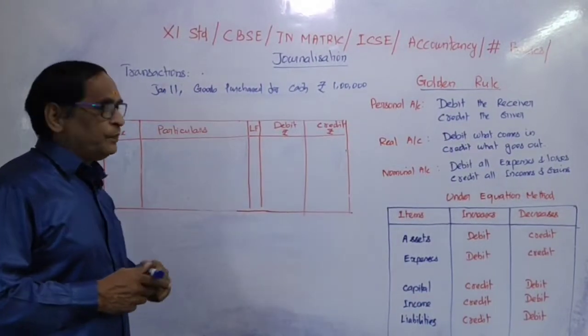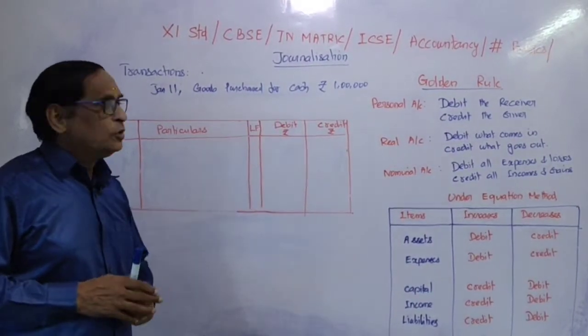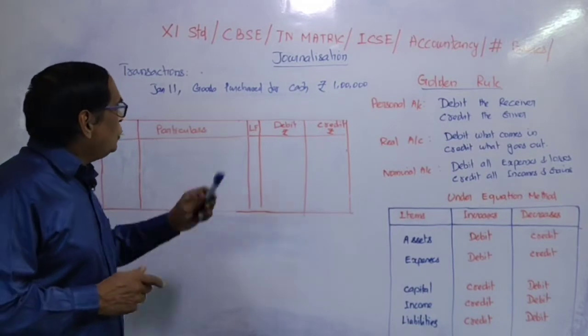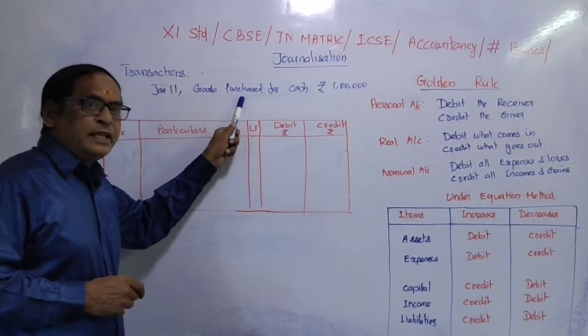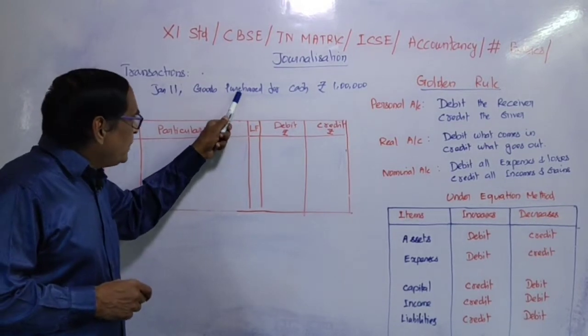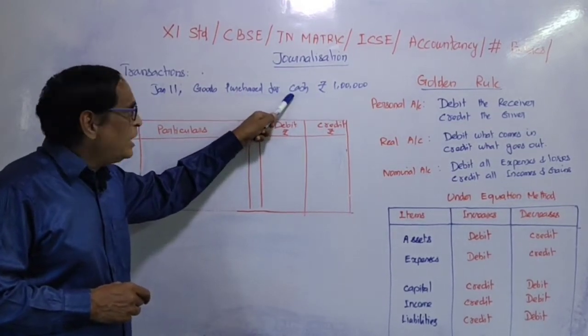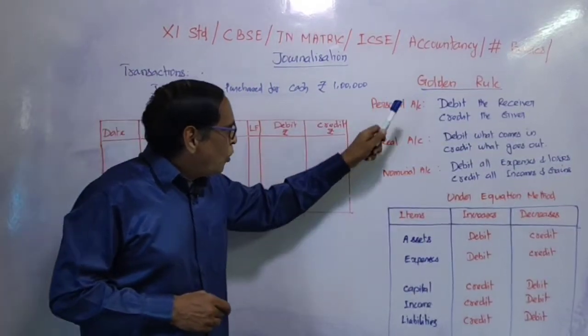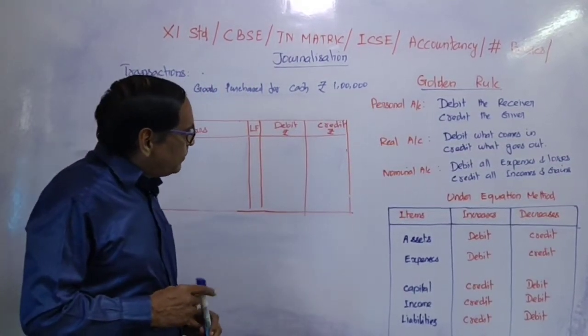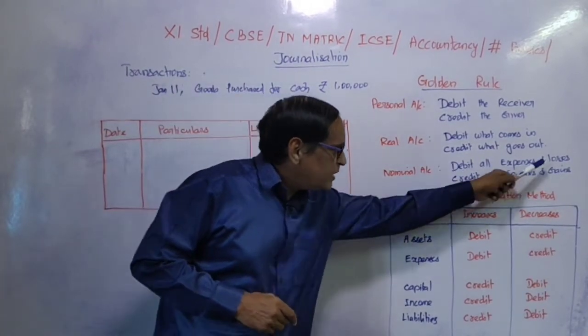Jan 11, goods purchased for cash, rupees 1 lakh. There are two effects, one is purchases and another is cash. Purchases, it is an expenditure. And then cash is a real account, that is an asset. Cash is going out. So under golden rule, if he purchases, debit all expenses and losses.